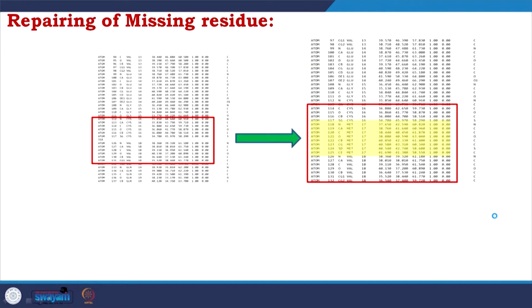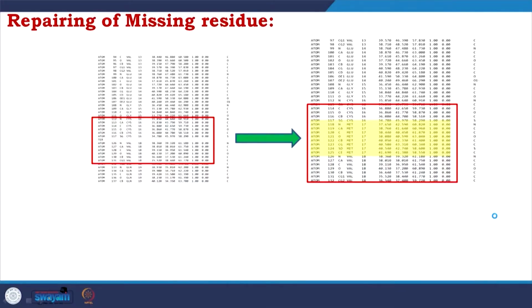Another very critical thing is repairing of missing residues. In many cases, because of experimental restrictions and problems, you could not model some residue, but when you are going for simulation, you have to model it. So, if you see here an example, the residue methionine 17 is missing.